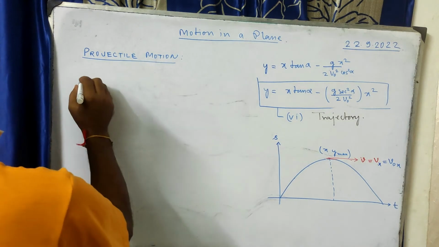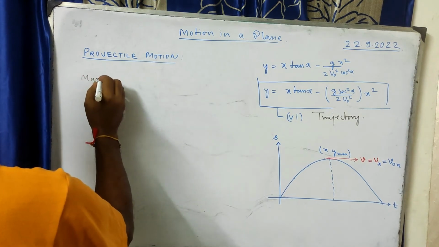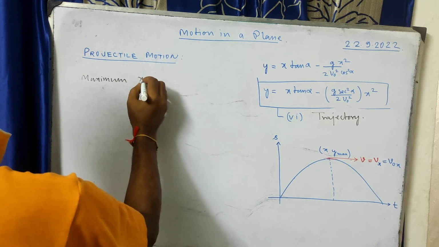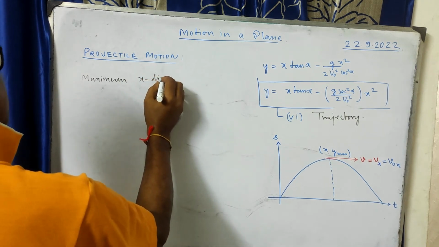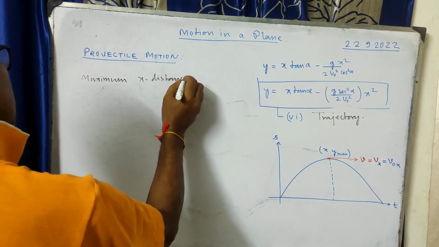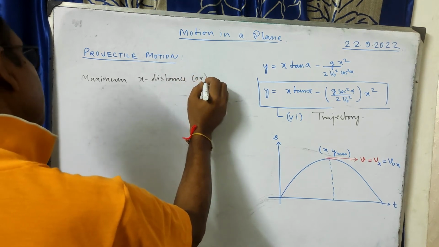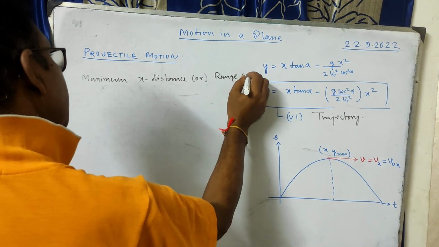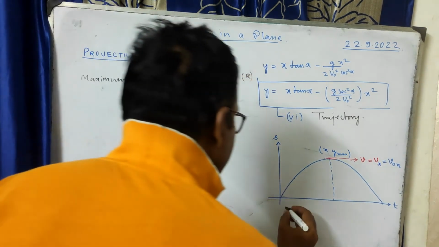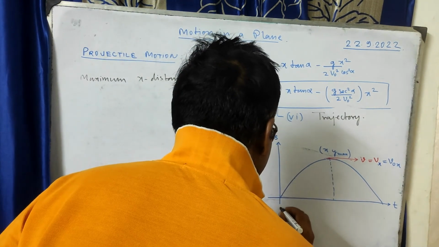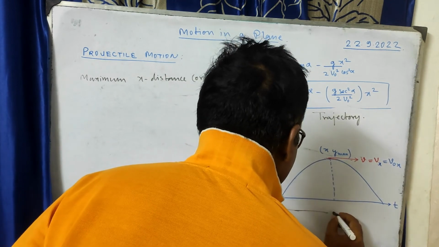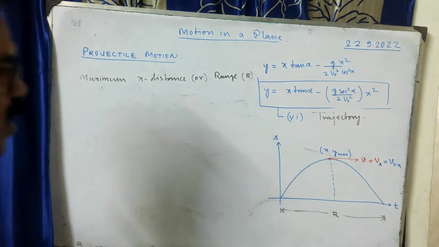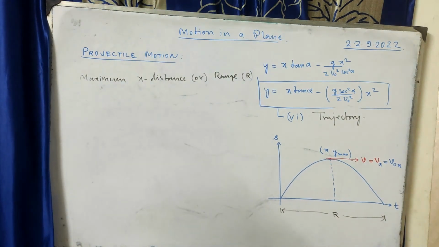So maximum horizontal or x distance, or range. We denote it by R. So from here till this final position, this range we have to find out.